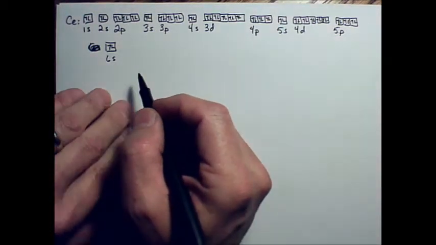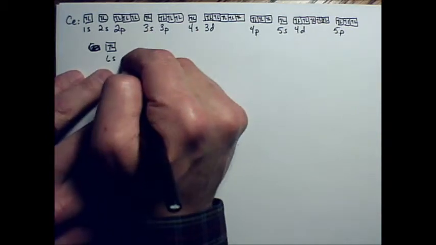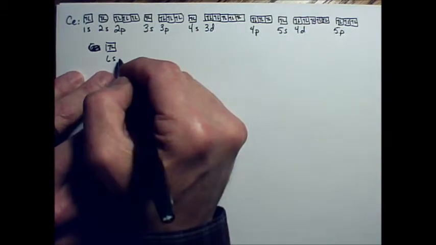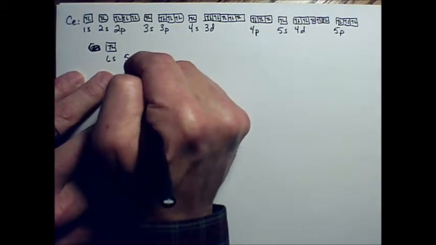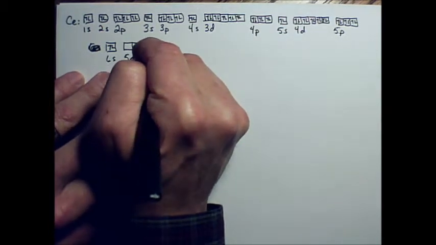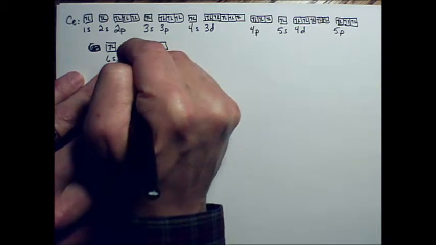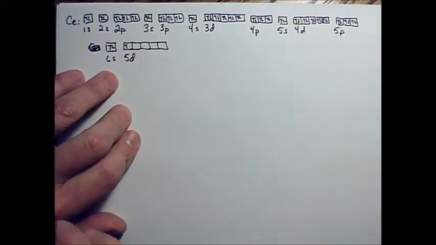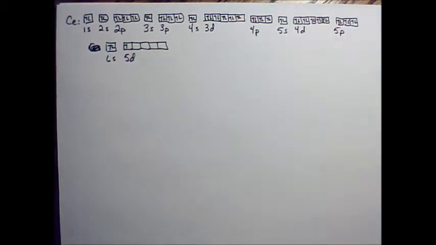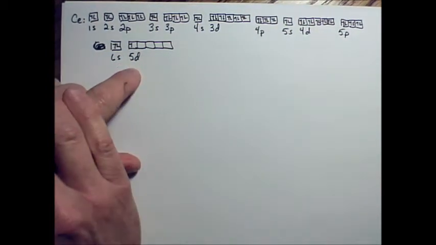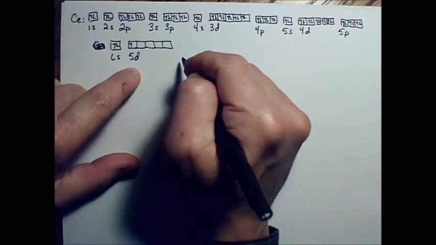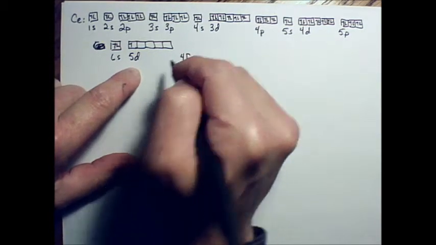So far I've gotten enough electrons for barium. So after 6S, then I've got to drop back one level for D. That's 5D. 1, 2, 3, 4, 5, and one electron. There's lanthanum. And look where we go for cerium. Look on your periodic table and look where we go for cerium. Now we're in the F sublevel. So we're only going to put one electron in 5D, and then we're going to drop to 4F.